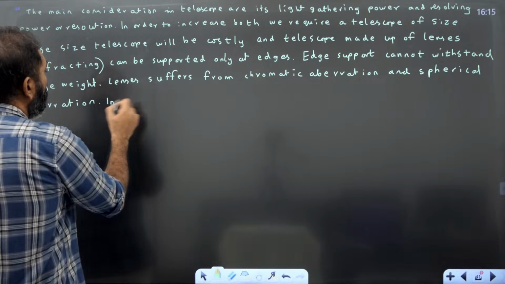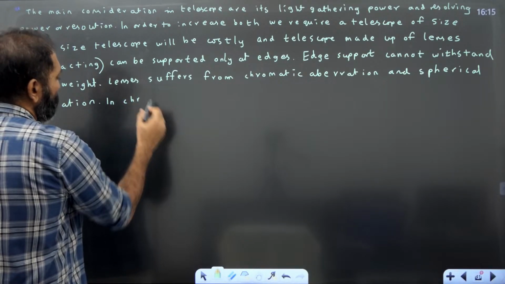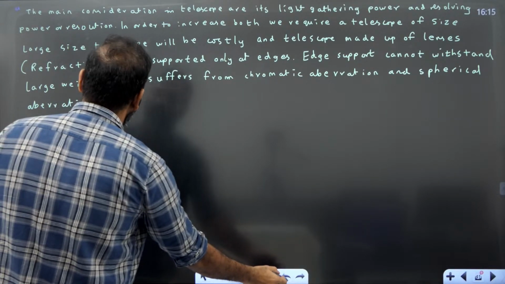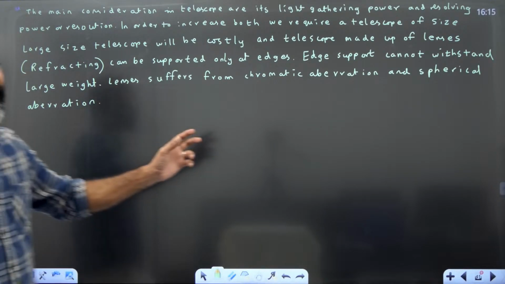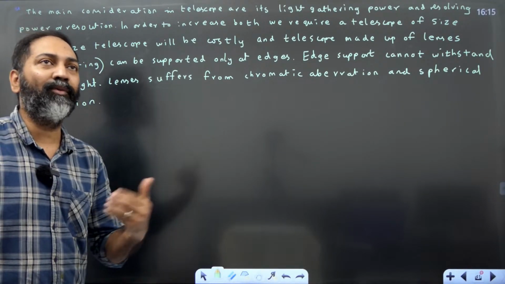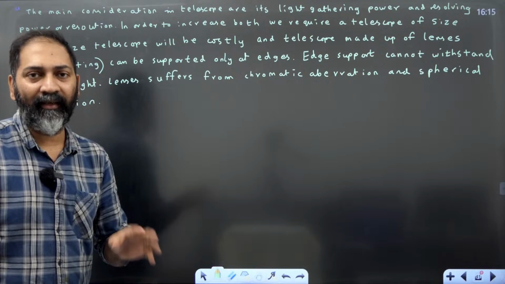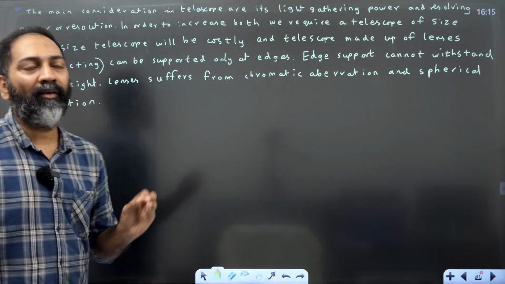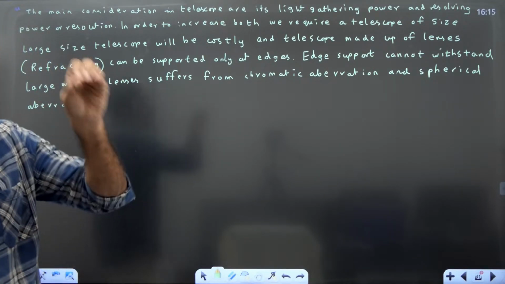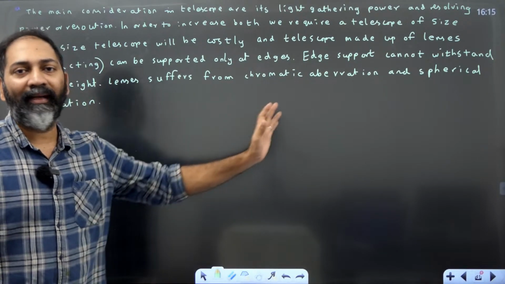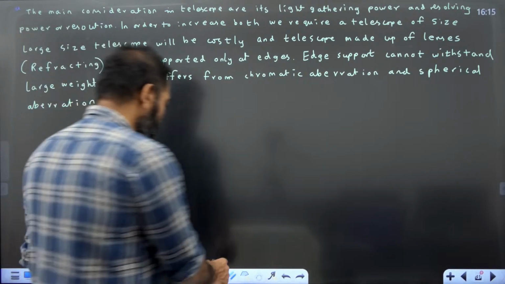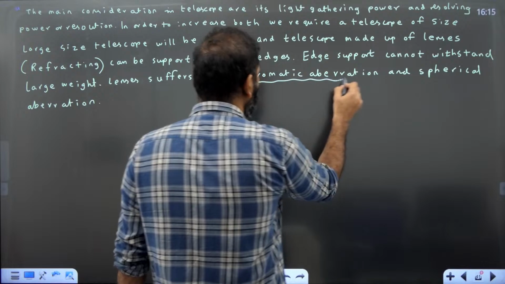In chromatic aberration, so lenses, what does chromatic aberration mean? Listen, you don't have to study what is chromatic aberration, but still I am telling you, in chromatic aberration, different color lights converge at different points. That is chromatic aberration. Okay, I am writing it separately.